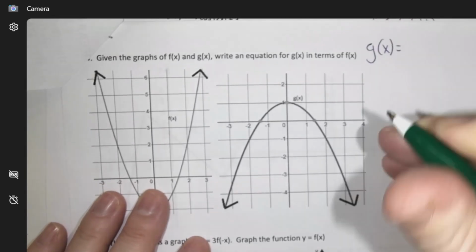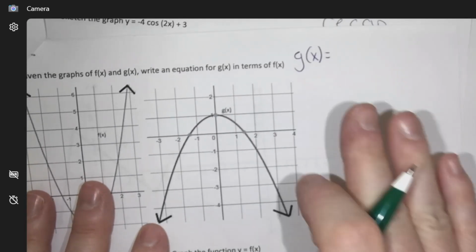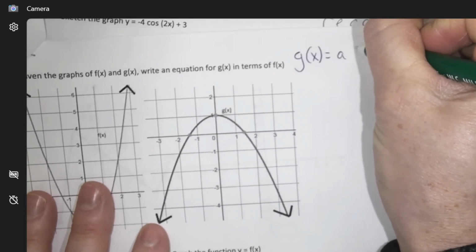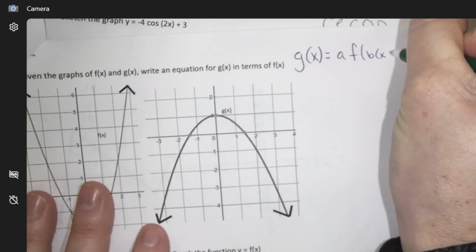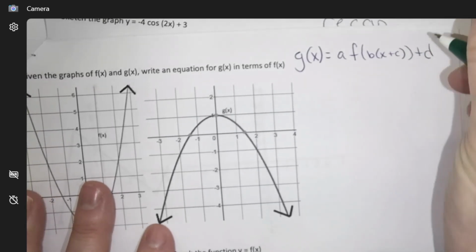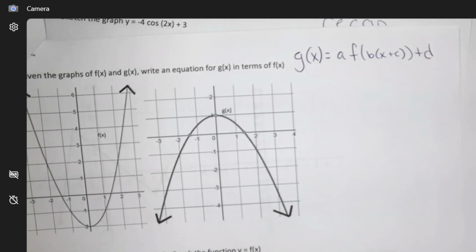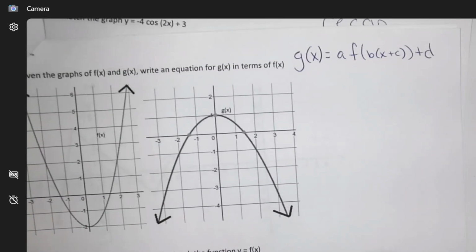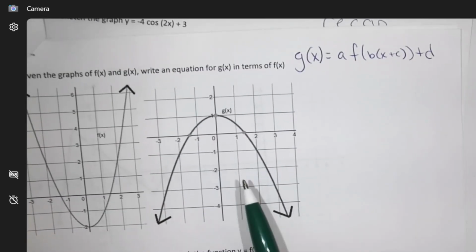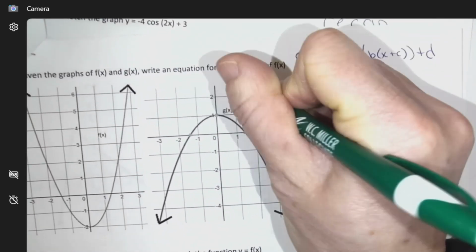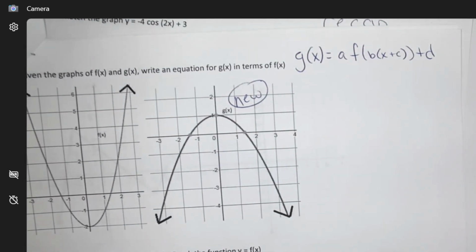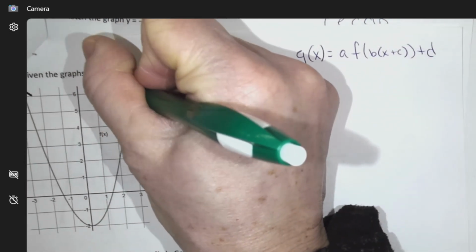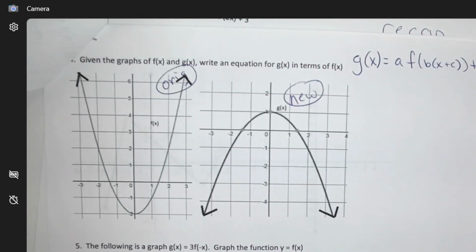We're going to write g based on f, which means g would be considered my new graph, and the f would be considered the original. Would that make sense if I say it like that? How we start and what we go to.